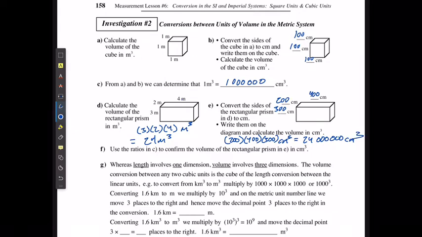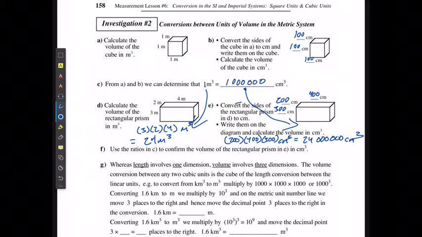In this case, if I went from what was originally 1 meter cubed to 24 meters cubed, it said that it was 1 million centimeters, and that became 24 million centimeters cubed. That makes sense.